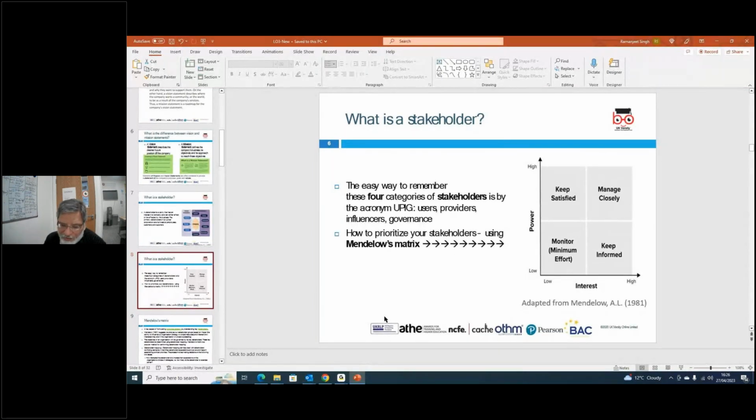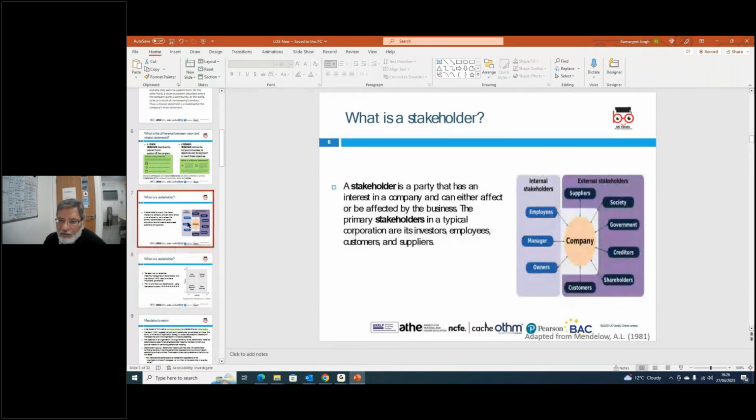Exactly. So, for example, a stakeholder is a person, party or organization who has an interest in your organization and can affect your organization in various ways.